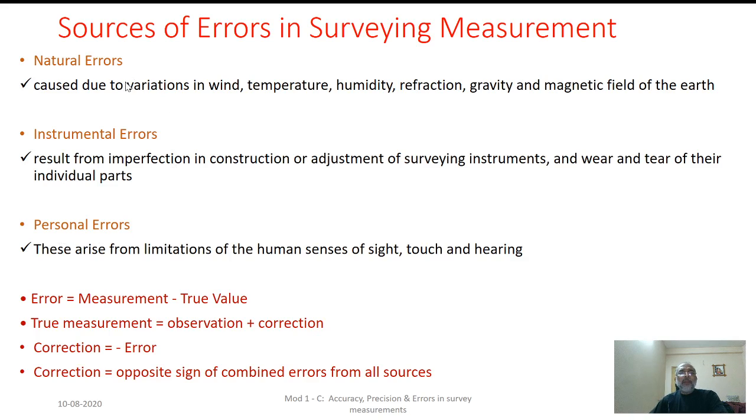Say, for example, if we are taking a measurement, that measurement may get disturbed because of the wind, temperature, humidity, or some kind of refraction, even the gravity as well as the magnetic field of the Earth's surface. These things do not lie within the hands of the surveyor or the person taking the measurements. Hence, these are said to be natural errors.